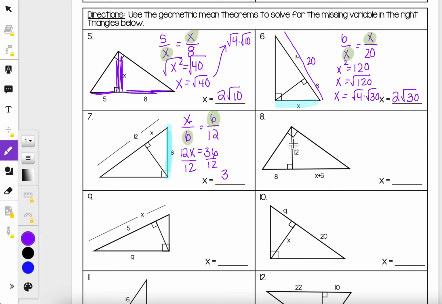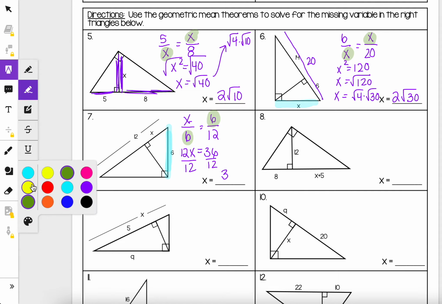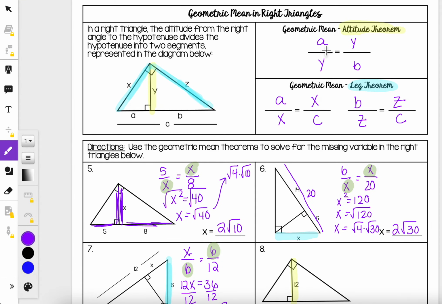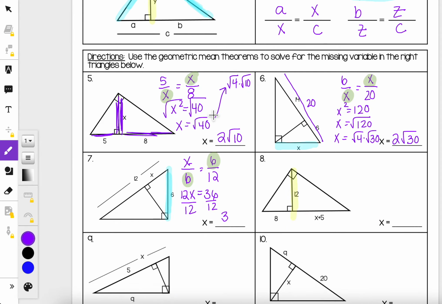Number 8, look at that right triangle. I am given the altitude, so I'm going to use this first theorem here: that piece of your hypotenuse over the altitude equals the altitude over that other piece of the hypotenuse. So that's going to be x over 12 equals 12 over x plus 5.